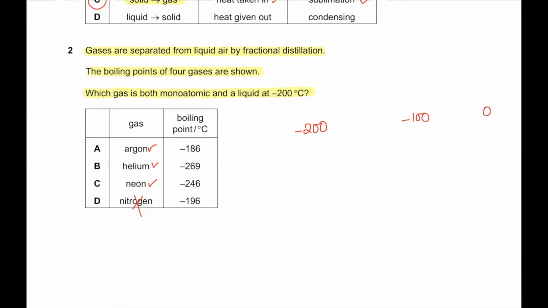As we go from 0 towards minus 200, the temperature gets smaller. So anything that will want to stay a liquid at minus 200 degrees Celsius must boil above minus 200, meaning it must boil in this range. Anything boiling below minus 200 will not be correct. So helium and neon will not be correct. And argon, which boils at minus 186 degrees Celsius, will be the correct answer.